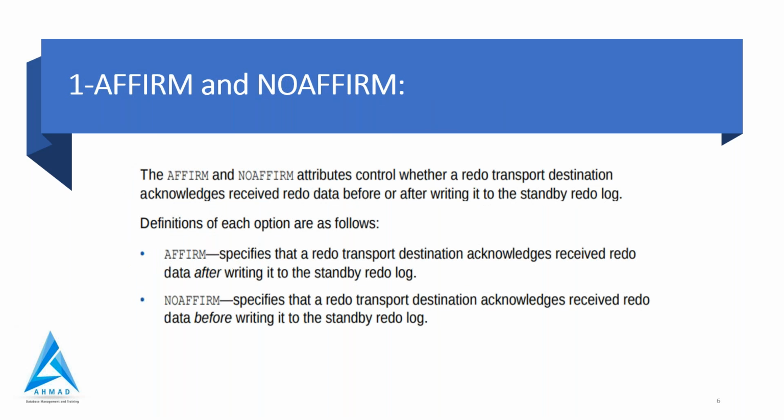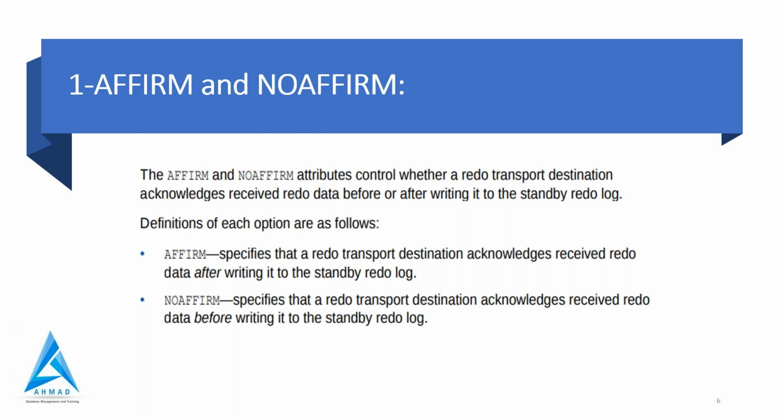So the first one is the AFFIRM and NOAFFIRM attributes. These attributes control whether a redo transport destination acknowledges received redo data before or after writing it to the standby. When you give AFFIRM, it specifies that the redo destination acknowledges receipt of the redo after writing it to the standby.